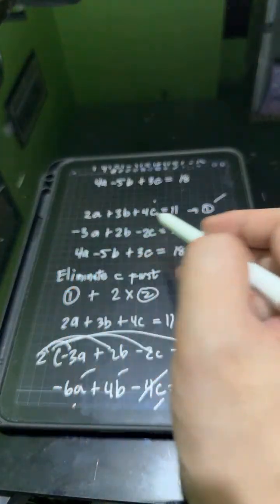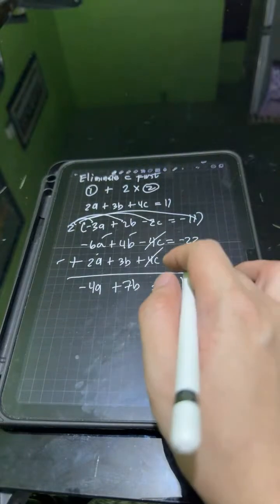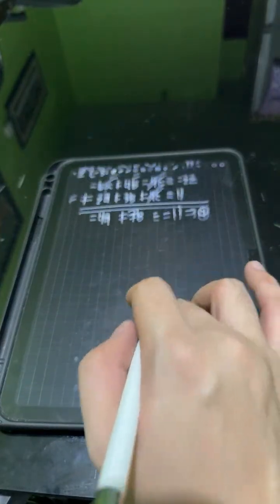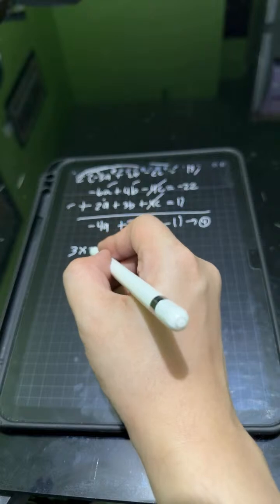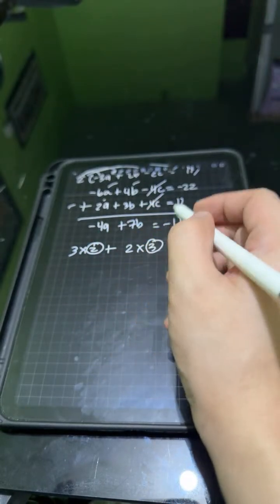Then we can add the resulting equations to eliminate c. So what we will do is 3 times equation 2 plus 2 times equation 3.